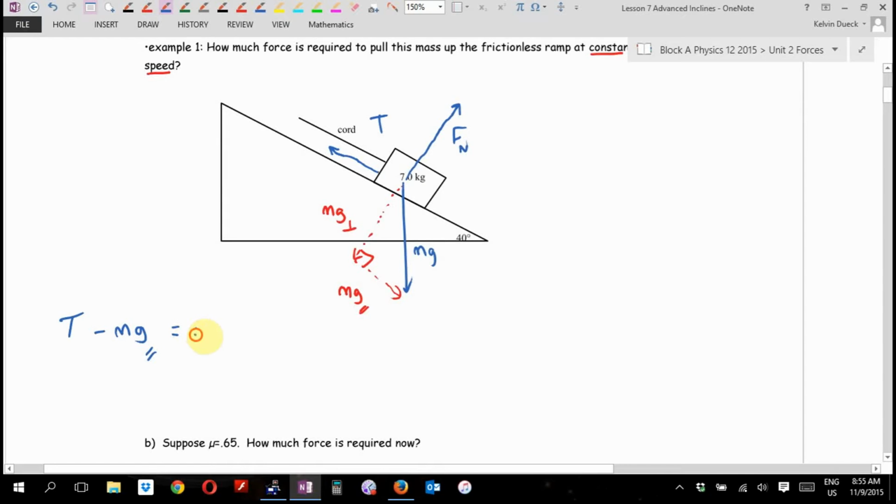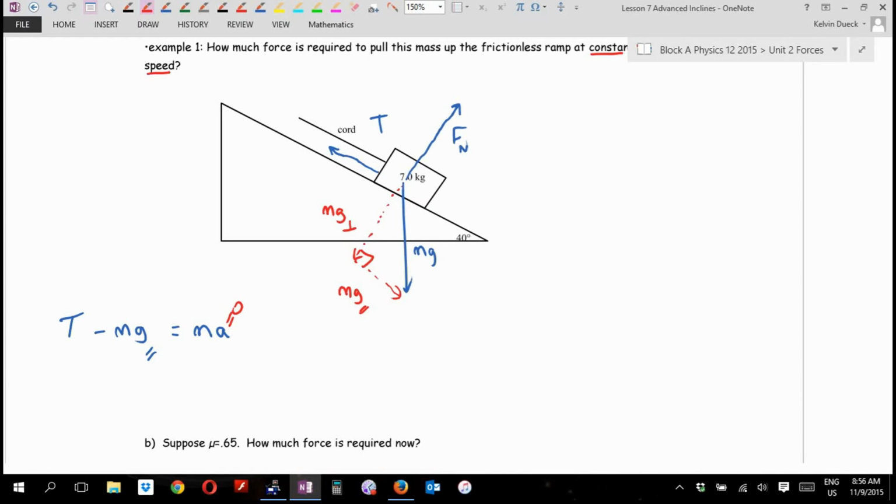And that equals ma. But Tyler, what did you say? Constant speed means what? So really, what's m times 0? The whole right side works out to 0.